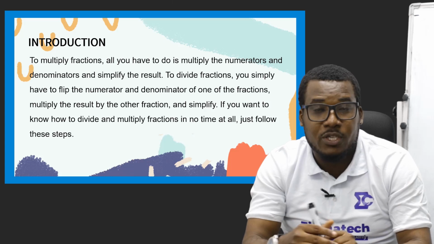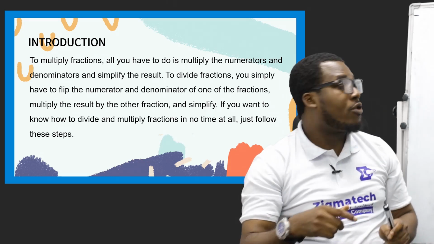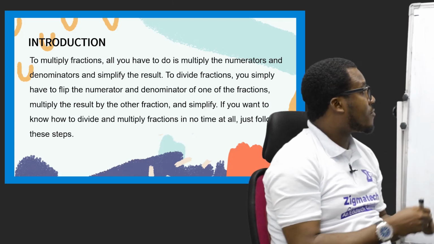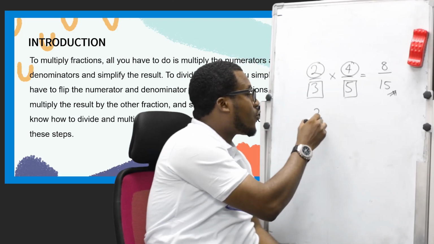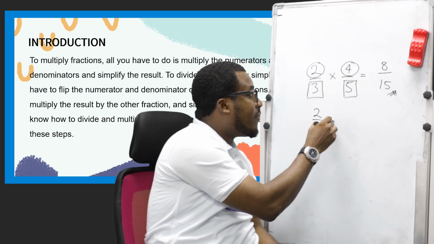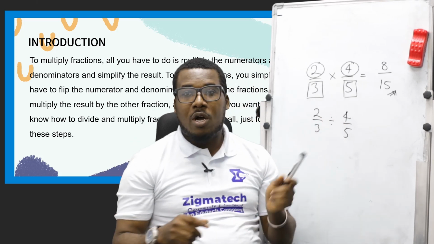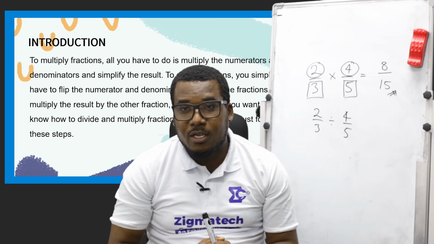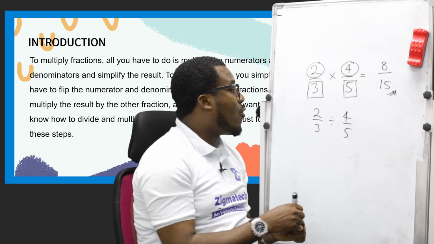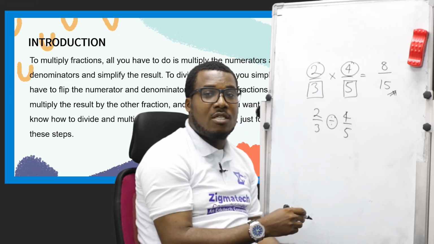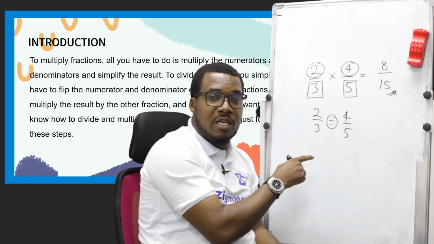What do I mean? Before we see further more on this, let me just show you. Let me use the same example we just worked on here. So if I have 2 over 3, in this case now divided by 4 over 5, what this is trying to tell me is I will change this sign to multiplication because you can't work this way.